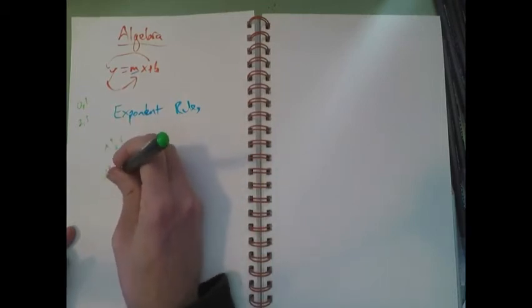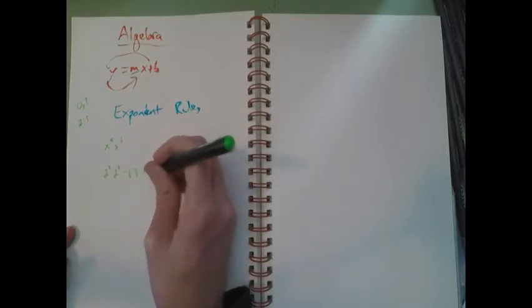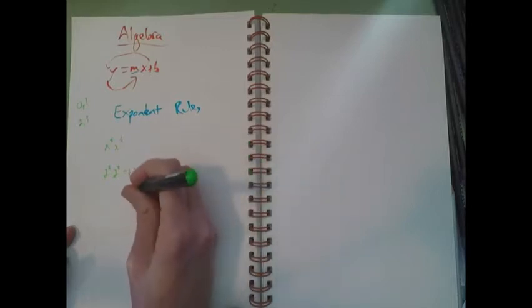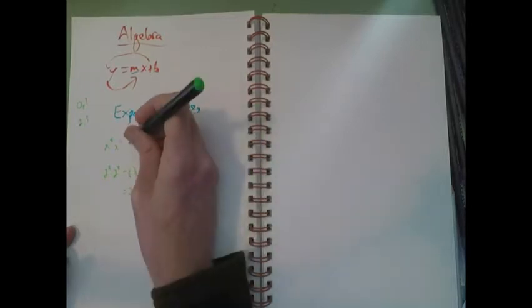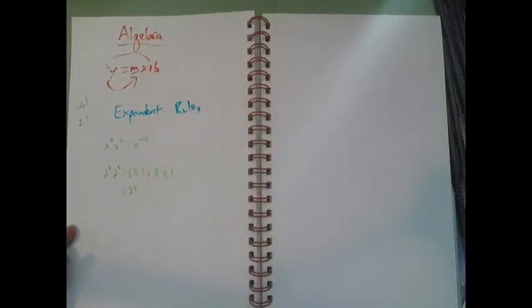Well, let's say we're thinking about 2 to the 2 times 2 to the 3. Well, that's just 2 times 2 times 2 times 2 times 2. Well, that's just 2 to the 5. So x to the a times x to the b, we can say that that's going to be the same as x to the a plus b.